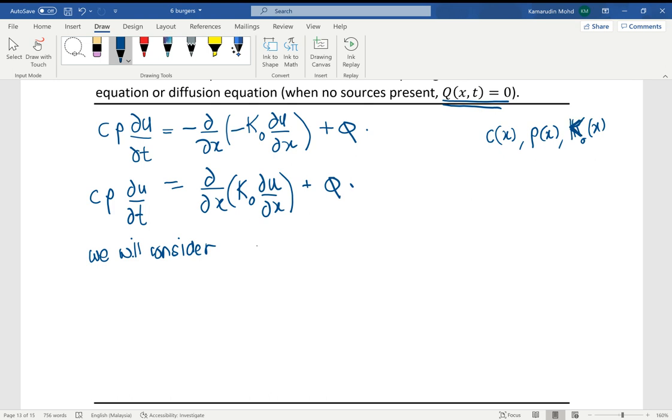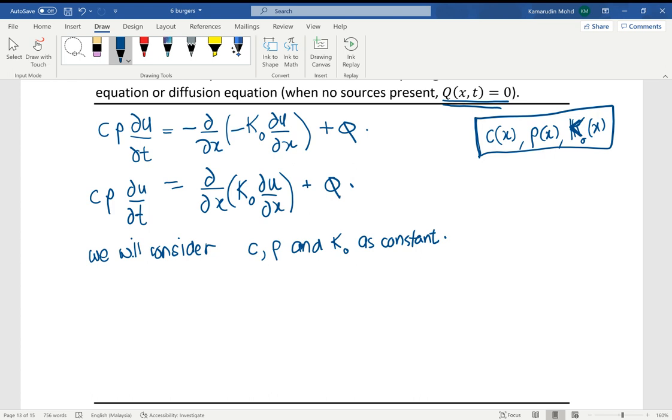We will consider C rho and k naught as constant. At first we consider this is the general case.